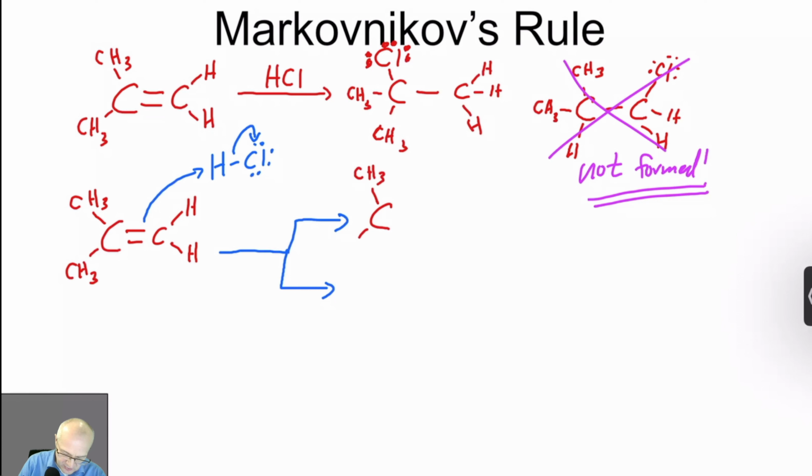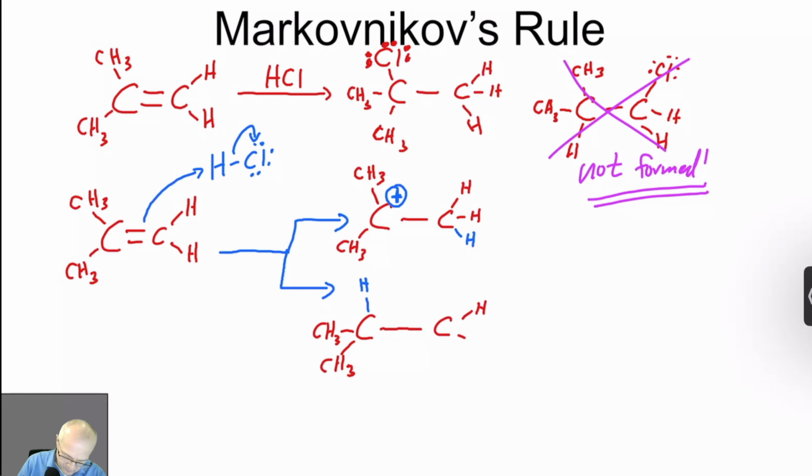Let's put the hydrogen on the right carbon and see what the intermediate looks like. I will put a plus charge here, and let's put the hydrogen on the left carbon and see what we think. I will put a plus charge here.